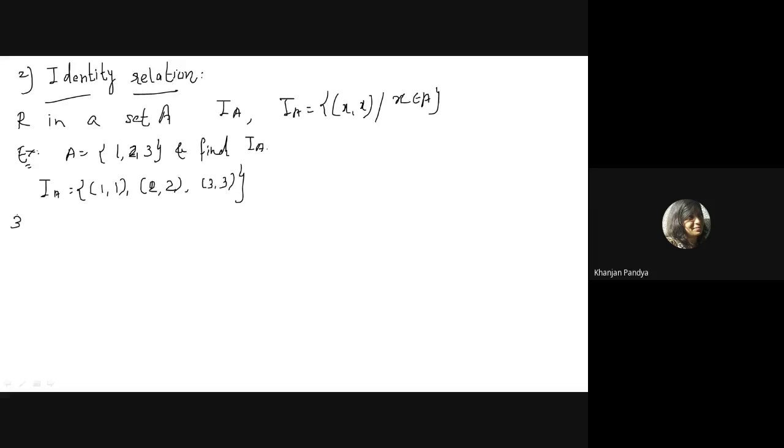Then the third type of relation is an n-ary relation.